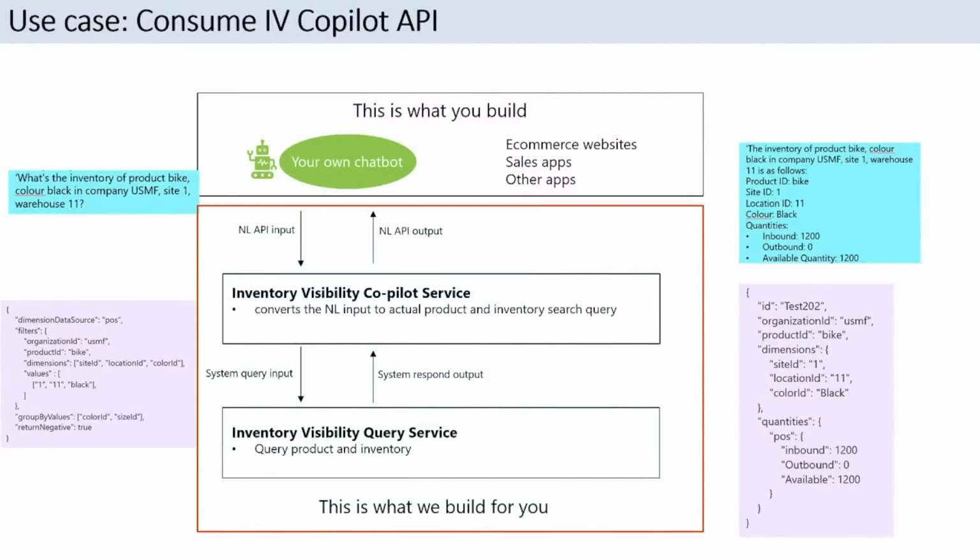So we will extract and parse the question to a JSON format, and then call the search API for the product search service or inventory availability service, then get the results on the right side. It's another JSON, and we will parse and format it as a natural language-based result and render it to the UI.